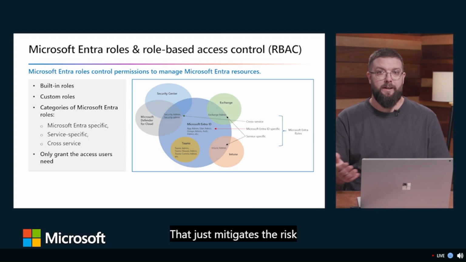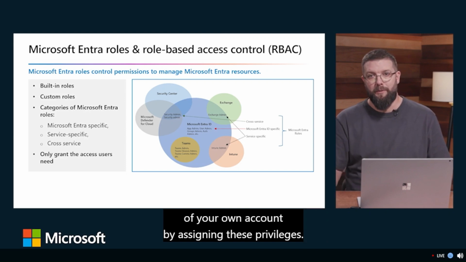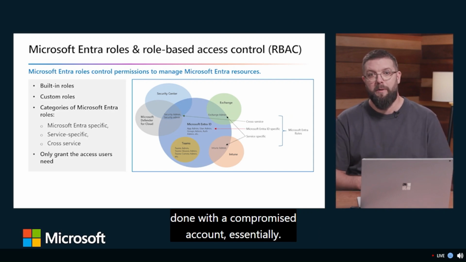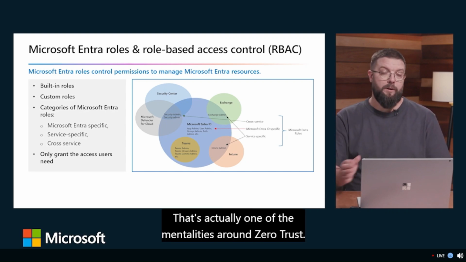So that just mitigates the risk of a user account being compromised and a hacker locking you out of your own account by assigning least privileges. So you limit the damage that could be done with a compromised account, essentially. So always keep in mind least privilege access. And that's actually one of the mentalities around zero trust.